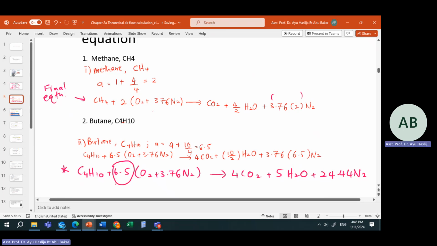Kalau you supply 8, excess. So excess dekat produk akan ada oksigen, sebab dia excess, terlebih air kan.